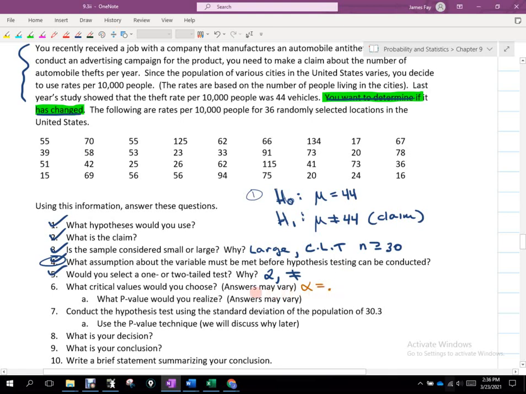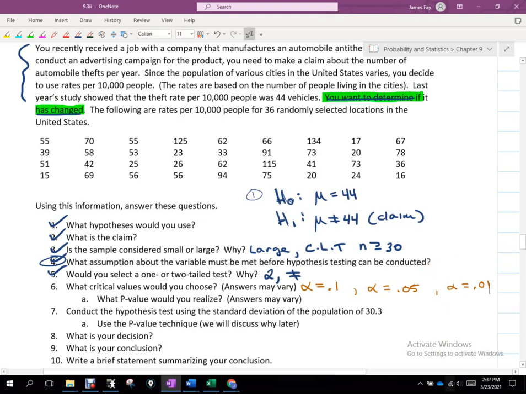But usually, you could use a level of significance of 10%, a level of significance of 5%, and a level of significance of 0.01, which would be 1%.